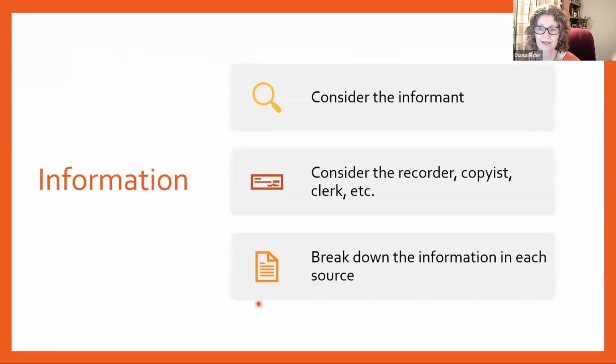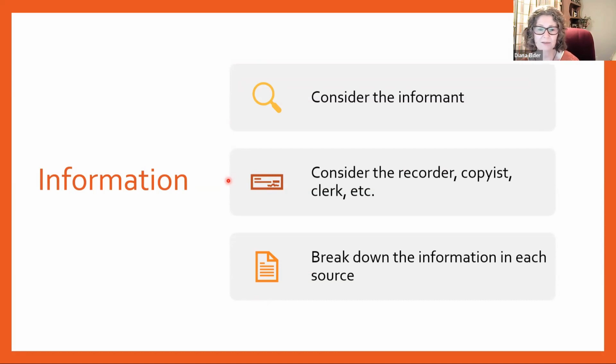Okay, so now when we go to taking the information out of a source like that, we really stop and consider the informant, but then we also need to consider who is recording it, the copyist, the clerk, and think about their knowledge of the person. You know, if you're working with, say, German ancestors, could they speak German?